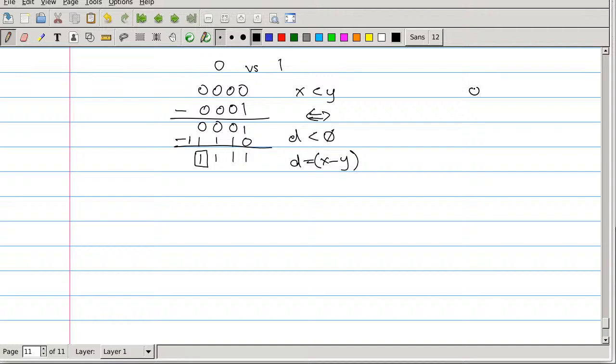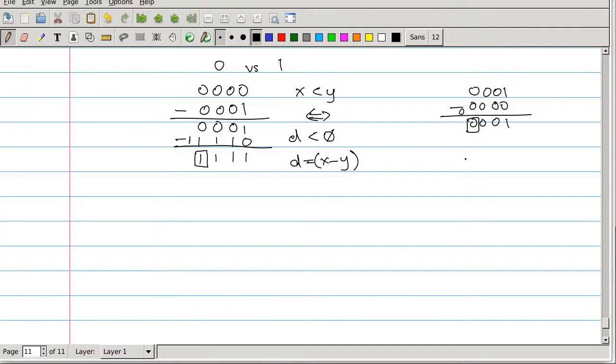Let's look at another example. 0, 0, 0, 1 minus 0, 0, 0, 0 is 0, 0, 0, 1 with an overall borrow of 0. Once again, we do not pay attention to the overall borrow anymore because we just need to look at the sign bit of the difference, which is this one here.